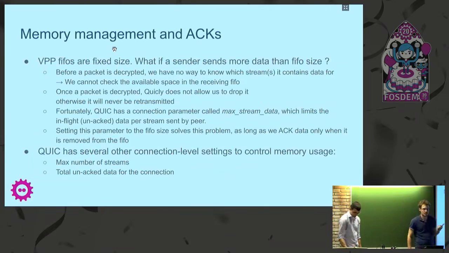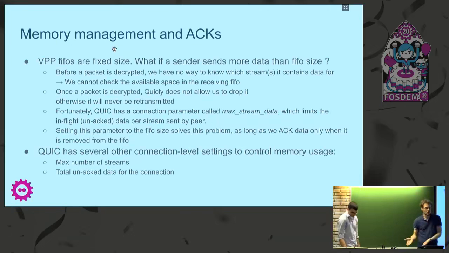The issue is that before the packet is decrypted, we have no way to know which streams it is going to contain data for. In QUIC, data can be coalesced between packets and can also contain control frames. And everything is encrypted to prevent ossification. And once the packet is decrypted, Quicly does not allow us to drop the packet, because you would have to revert all the control frames that you processed earlier.